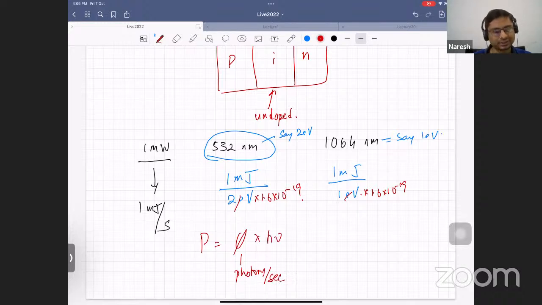So if you take a higher energy photon, for the same power you'll have a lesser number of photons. That's what we are talking about.